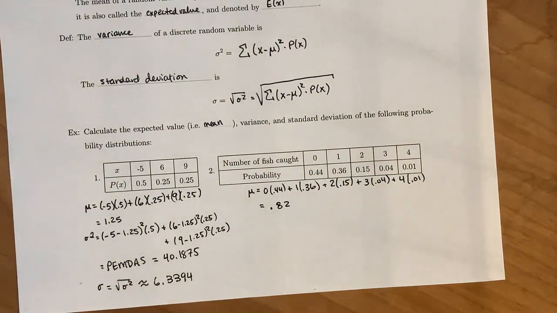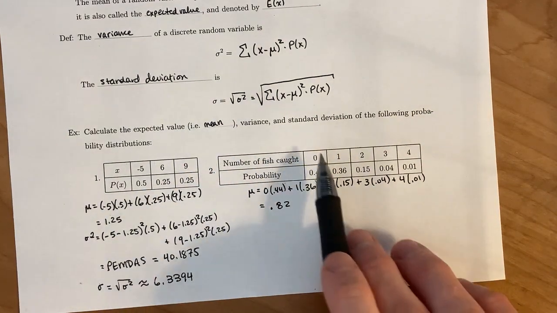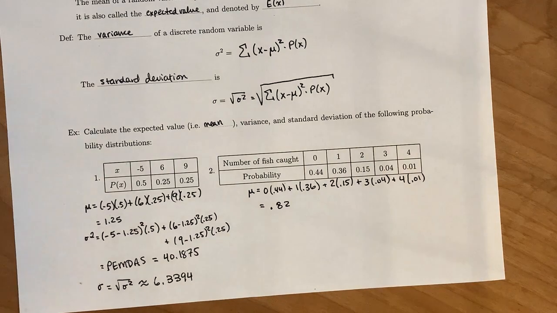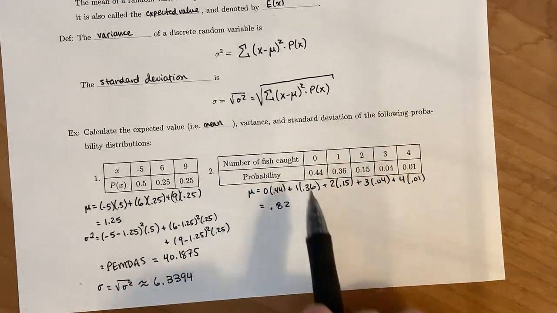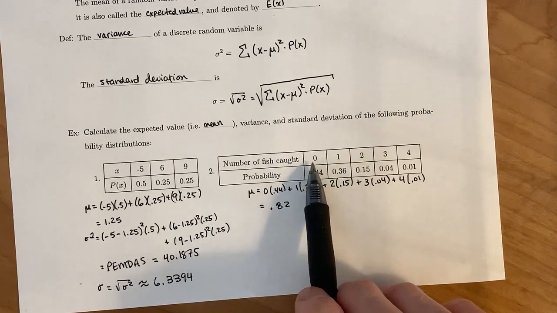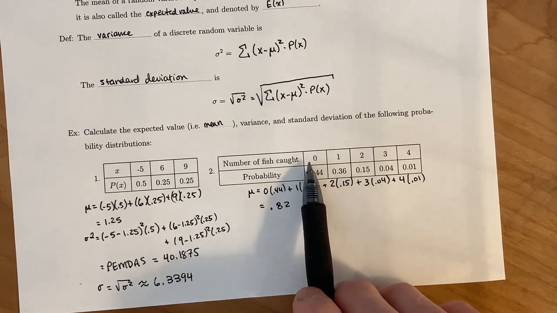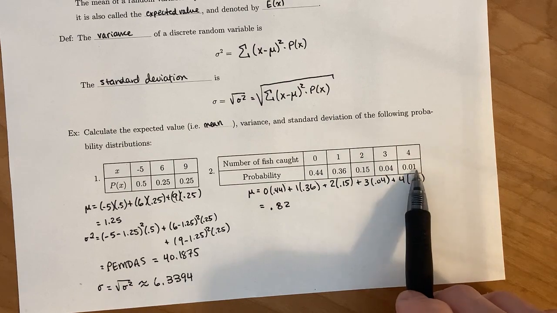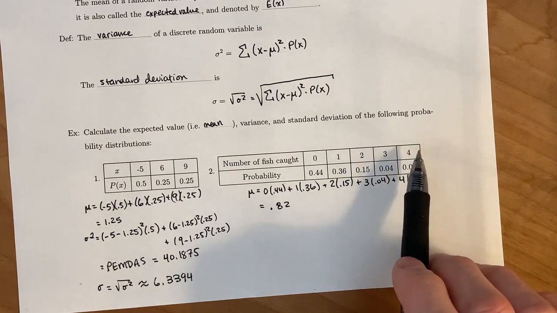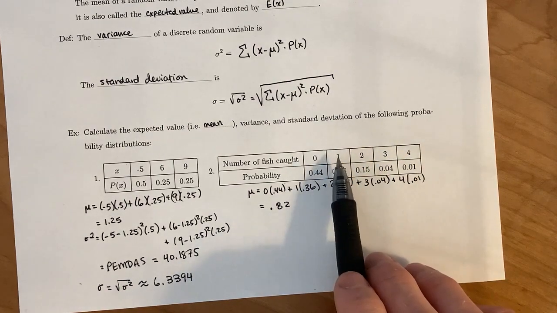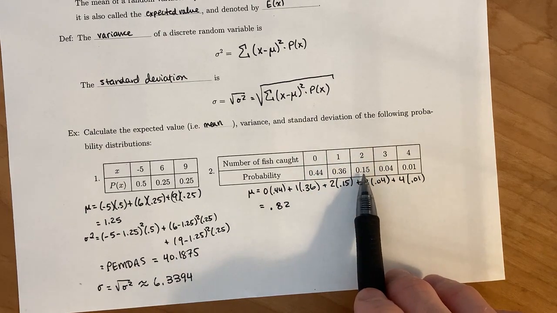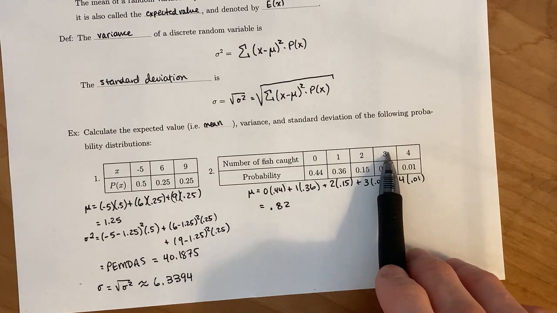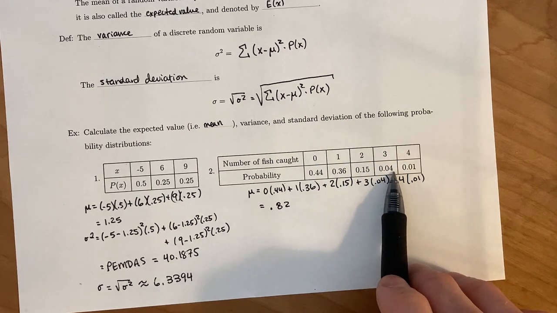One way you can think of these means, if you had a bar that was, say, 4 inches long, and you put a weight of 0.44 at the very, very left end, and a weight of 0.01 at the far right end, and at the 1 inch mark you put a weight of 0.36, at the 2 inch mark you put a weight of 0.15, and at the 3 inch mark you put a weight of 0.04.